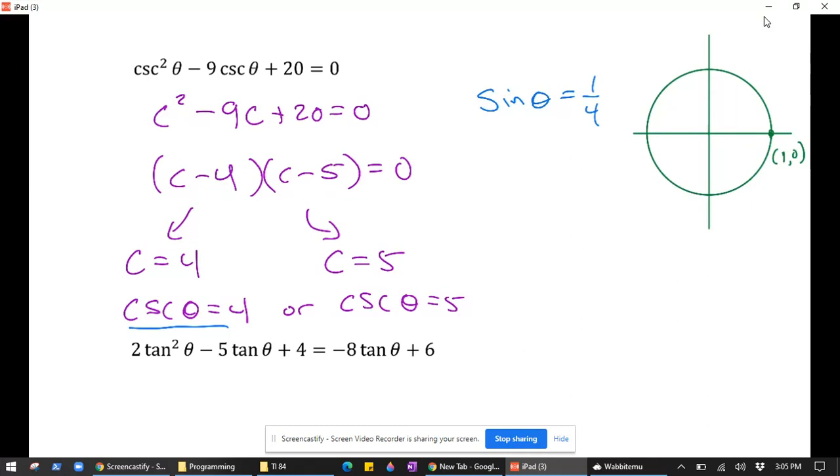So this is asking what angle would bring you on the unit circle to a place where the y-coordinate is a fourth. Let's just draw that. We're going to draw that with a horizontal line. The y-coordinate being a fourth, this would be the point 0, 1 because we're on the unit circle. This is the line y equals a fourth.